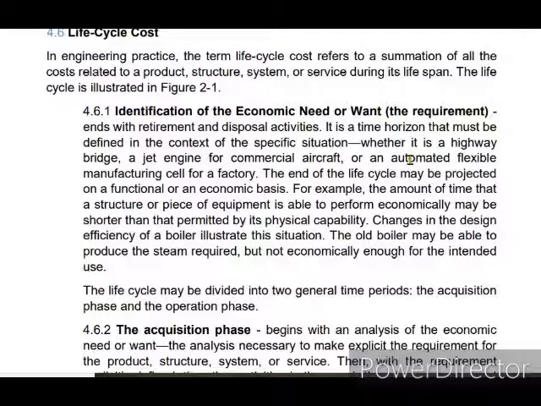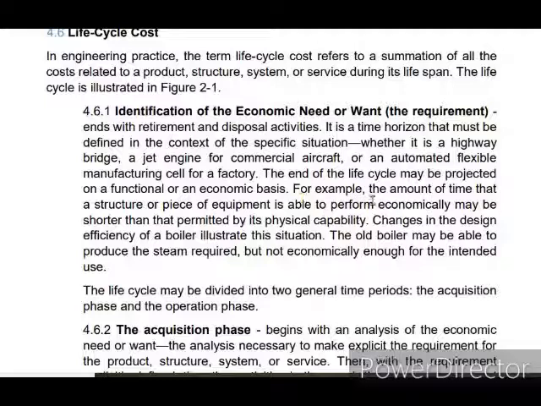It is a time horizon that must be defined in the context of a specific situation. So this is time bound. Whether it is a highway bridge, a jet engine for commercial aircraft, or an automated flexible manufacturing cell for a company, for a factory, whatever the subject is, it is applicable.